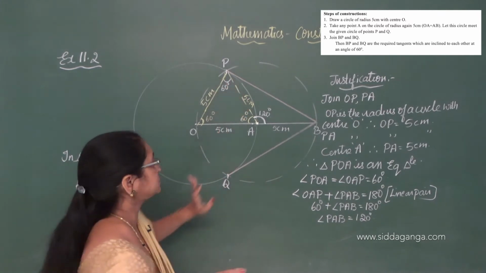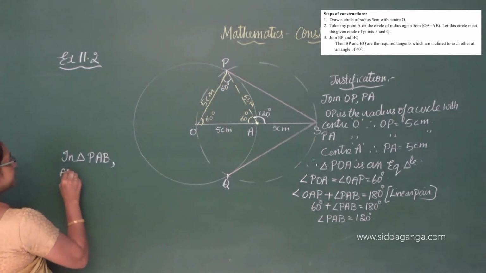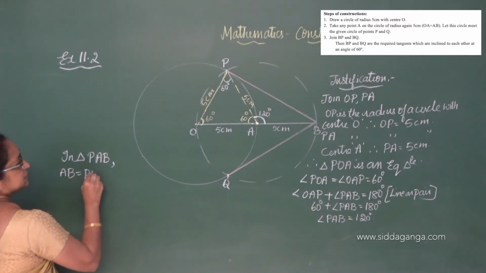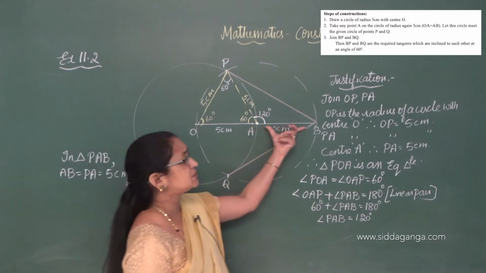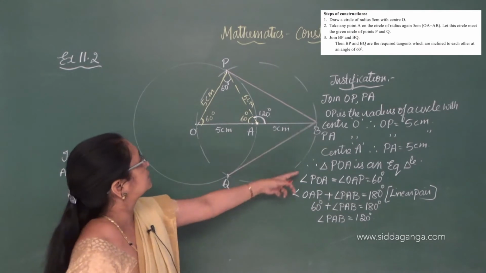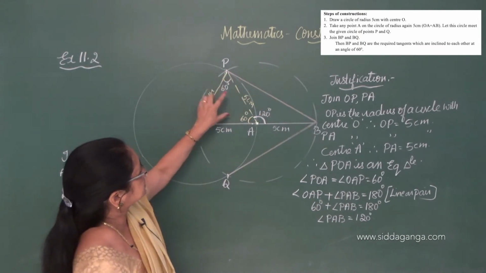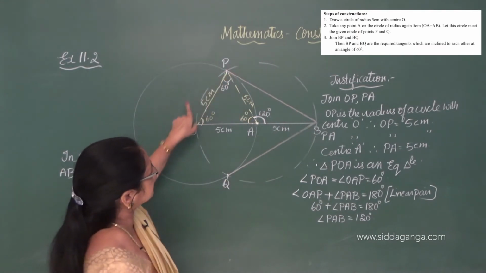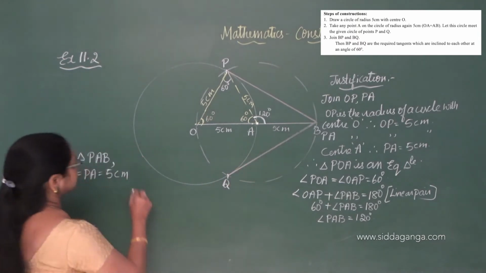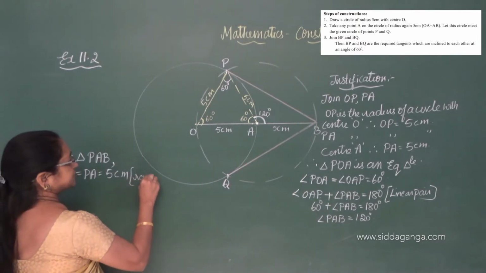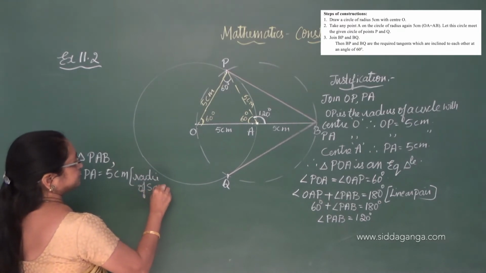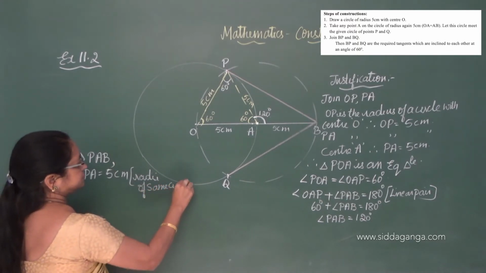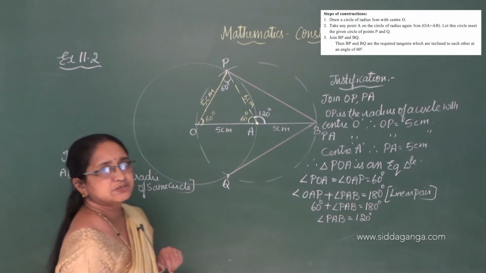I hope you understood. So AB is equal to PA is equal to 5 centimeter because I have explained already, because they are the radius of a circle. So same circle, see here, this radius of a same circle. You can write here, radii of a same circle. Okay, I hope you understood this.